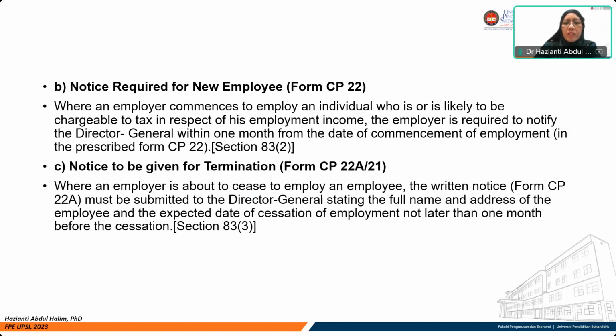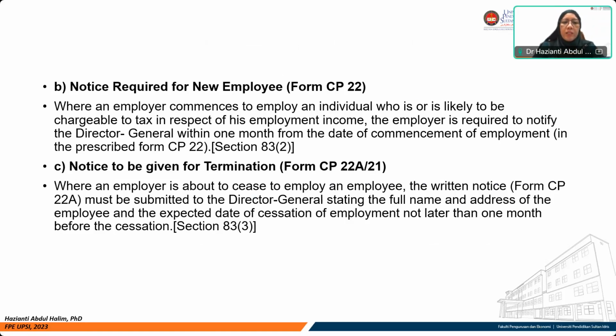Right, notice required for new employee. For an employer who has just hired new employees, they have to fill up Form CP22 when they first employ an employee, within 1 month from the date of commencement of employment. They have to submit the form to the Director General saying that these are our new employees. What about an employee who ceases employment, who stops working in that particular company?